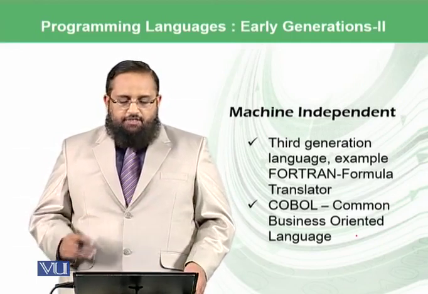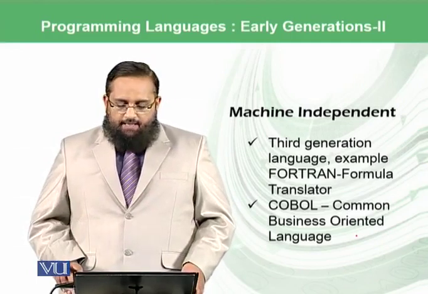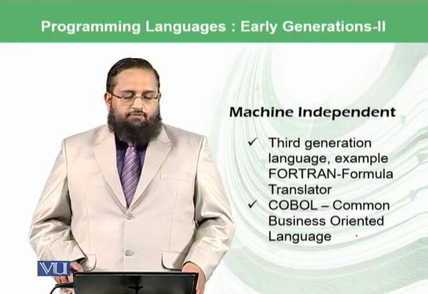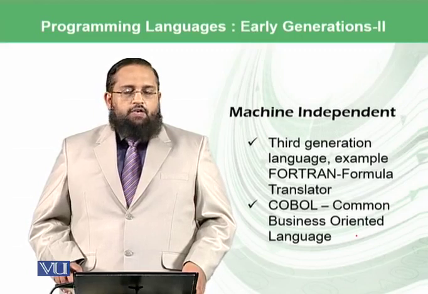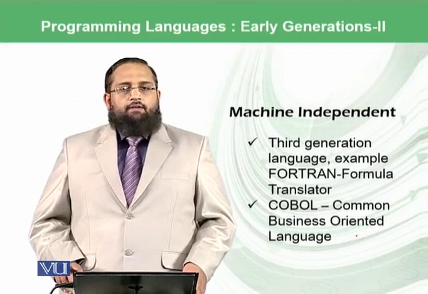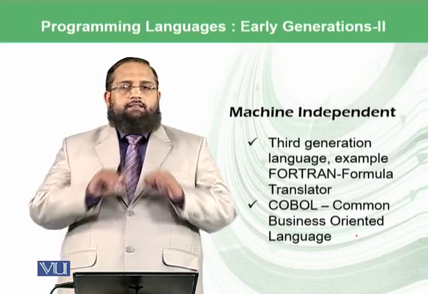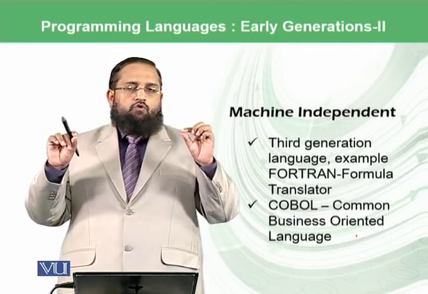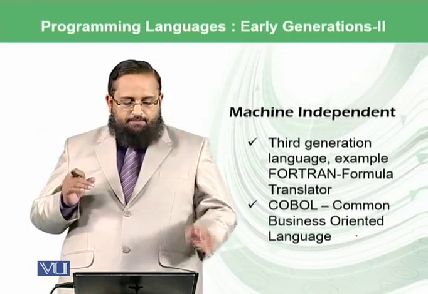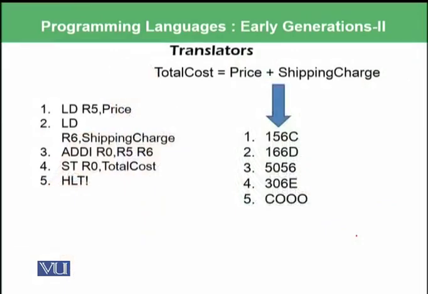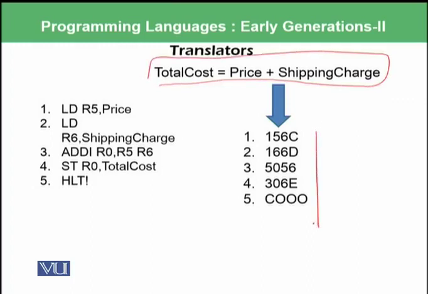So the third generation languages like Fortran, formula translator, and COBOL, common business oriented language, were built to translate this one instruction, total cost is equal to price plus shipping charge, into those 5 steps. So such a translator was built that was able to convert this particular line into these 5 instructions.